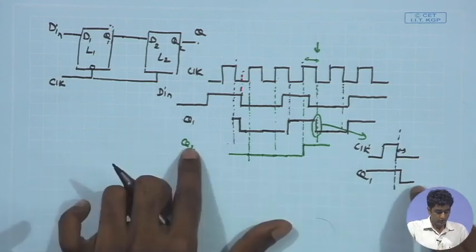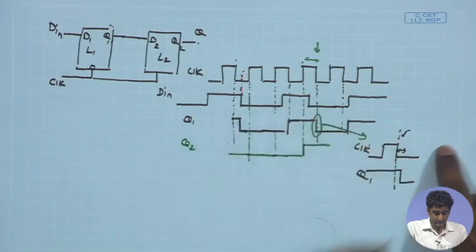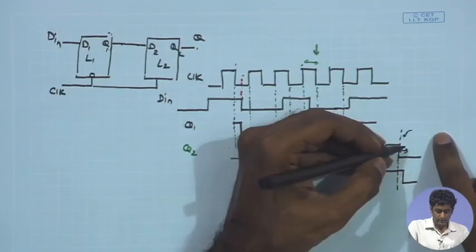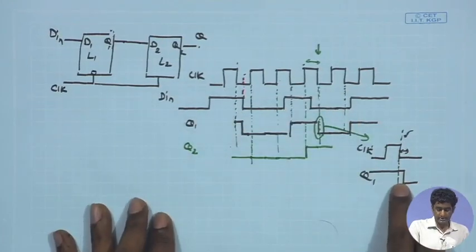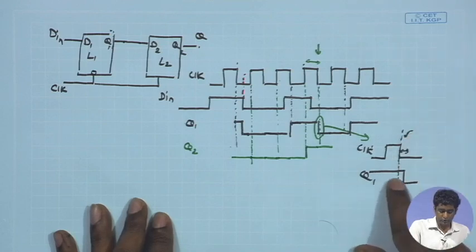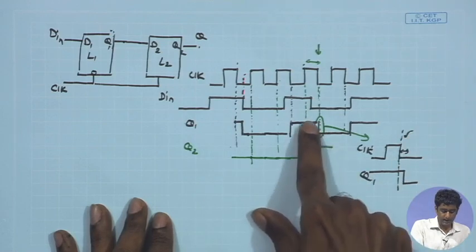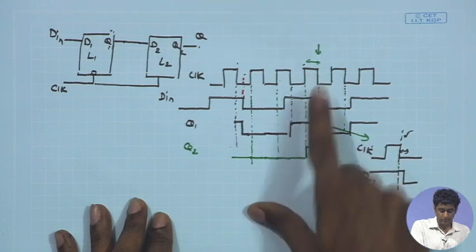So, for Q2, as the clock is turning low at the falling edge, it is receiving a high level. Q1 is remaining high and it is going to have a transition just after the negative edge of the clock.